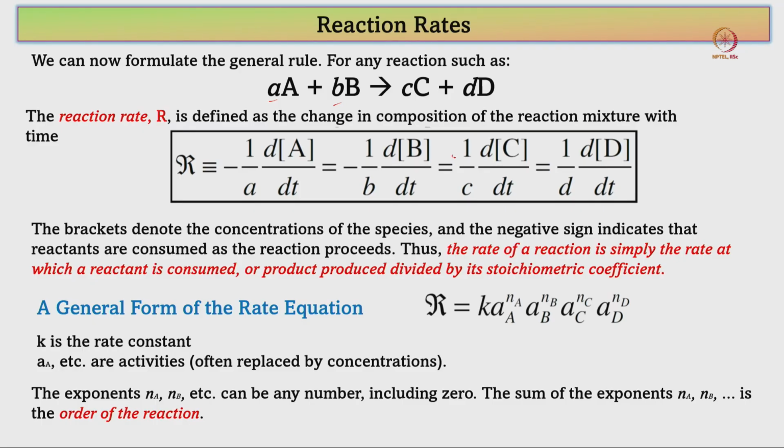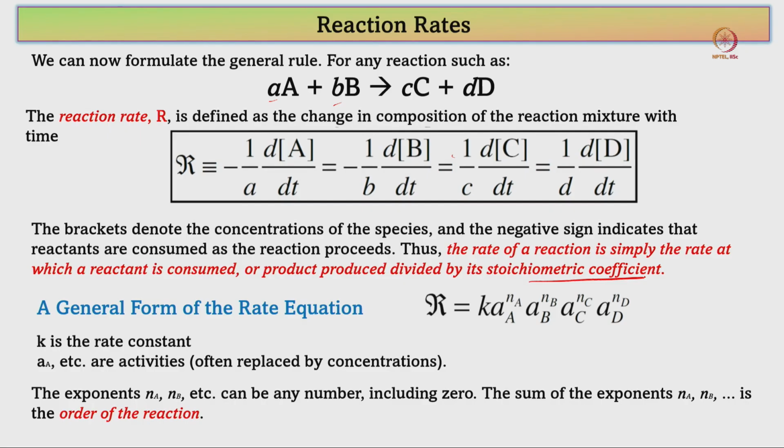Again, positive and negative depends on whether it is the reactant or the product. Thus, the rate of a reaction is simply the rate at which a reactant is consumed or the product is being produced divided by its stoichiometric coefficient.